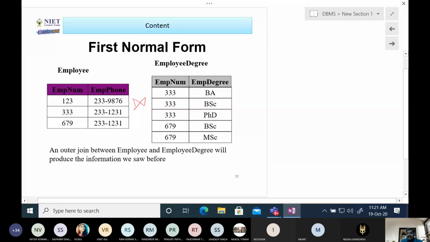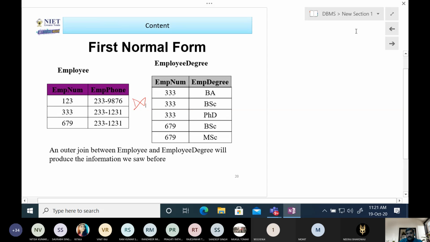So this decomposition is of type lossless decomposition. Suppose we join these smaller relations and we are not able to get the original table, then your decomposition is lossy decomposition, not lossless decomposition. And I will explain that concept later on. Did you get it?